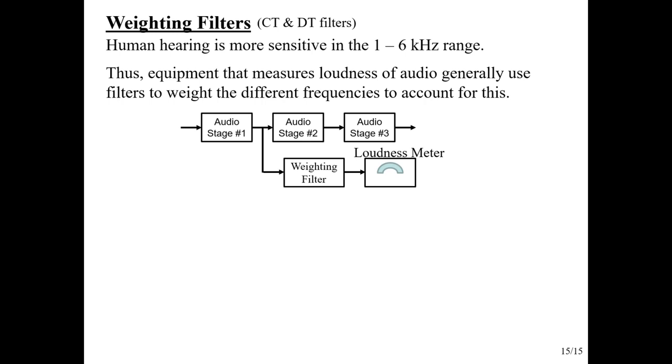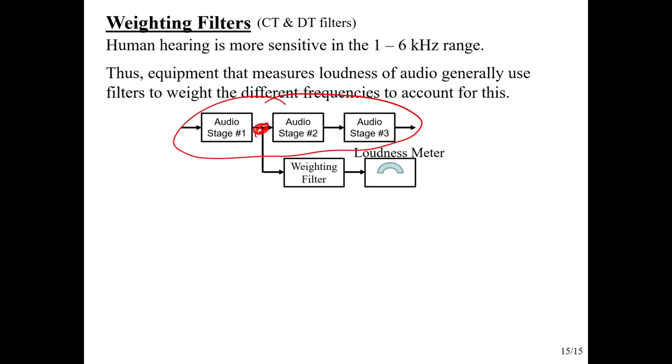So suppose we've got some audio system here, and I'm just showing 3 stages, and maybe we want to measure the loudness at that stage. If we were to just measure RMS value, we'll talk more about that later, or some other way of measuring volume, we would get an inconsistent measurement.